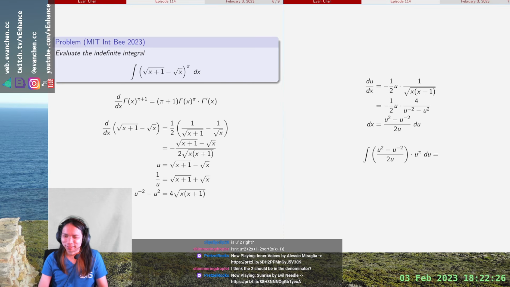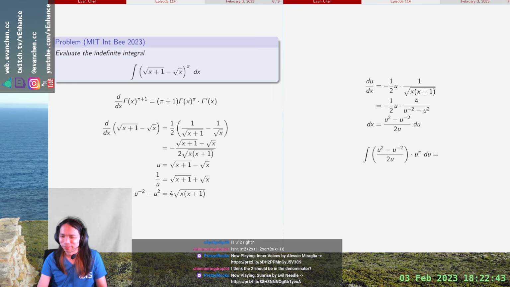Okay, so this is the integral of, you pull out the 1/2, and then it's u to the 1 plus pi minus u to the pi minus 3. Right?